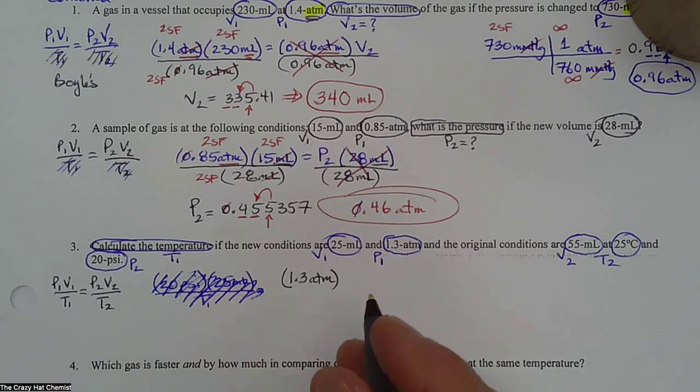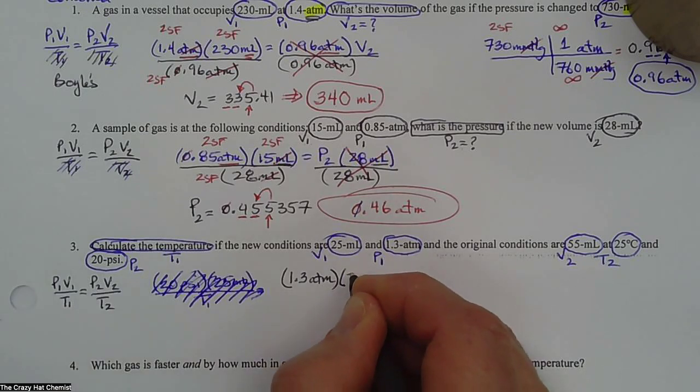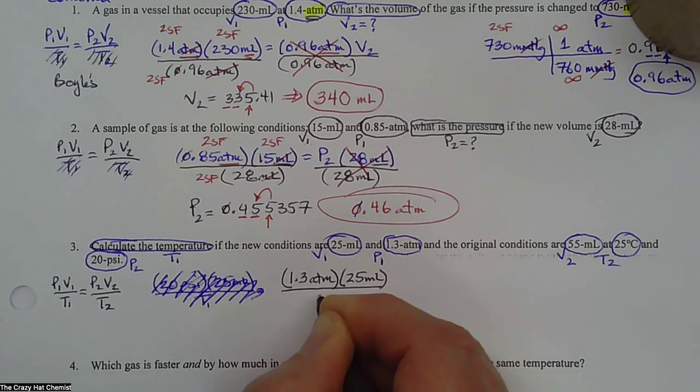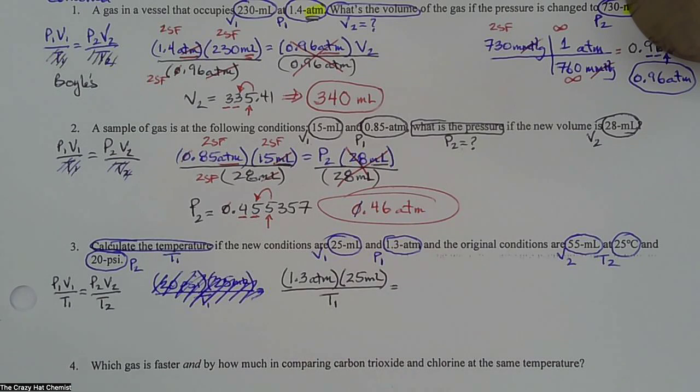All right. Volume one is the 25 milliliters like I had before. And then, yes, we are solving for T1. Now what we're going to do is plug in our second pressure, pressure number two. That's in PSI, so we need to convert that to atmospheres. So 20 PSI, we're going to convert this into atmospheres.